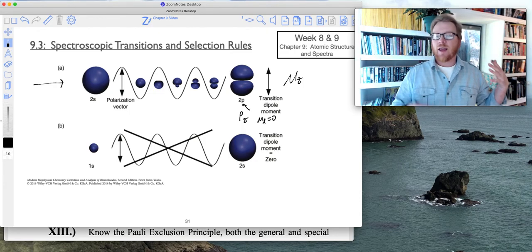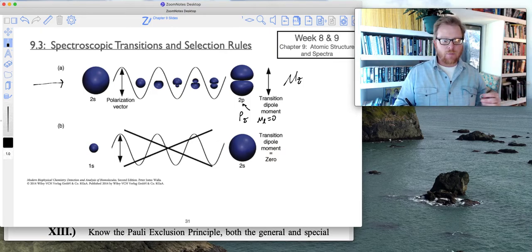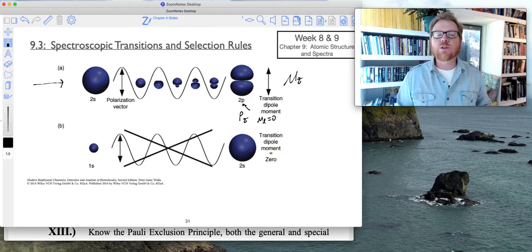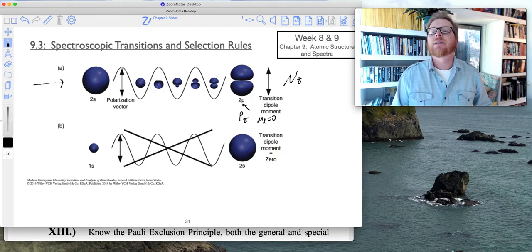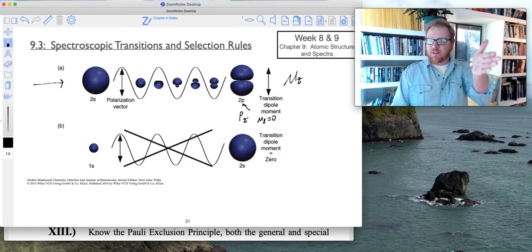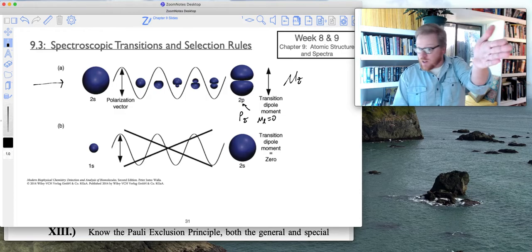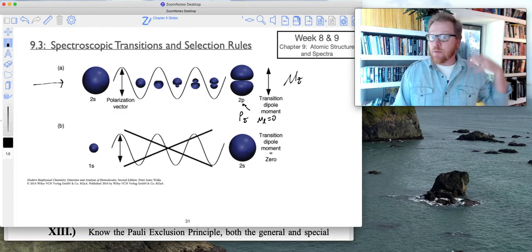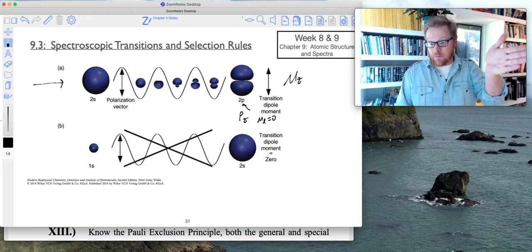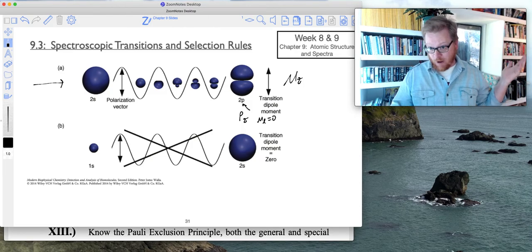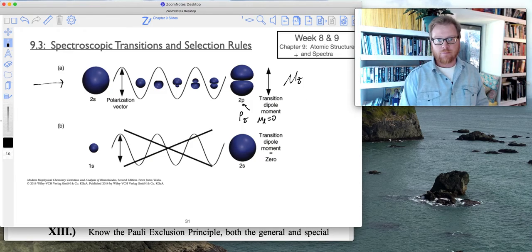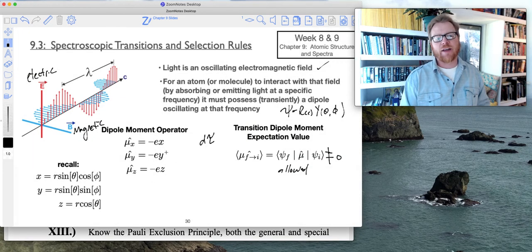Which means in the case of using a completely non-polarized light source, so if we have a light source that has all of the polarization angles available to it, then we could excite the mu x, the mu y, and the mu z. We could do all three. But typically when we make calculations with this, we generally just look at one dimension at a time to make life easier.